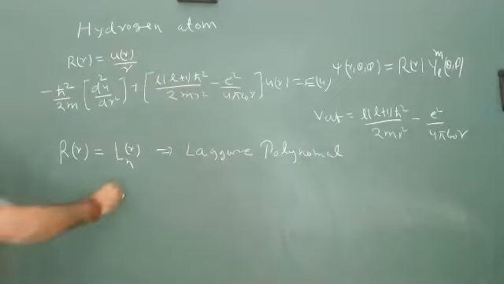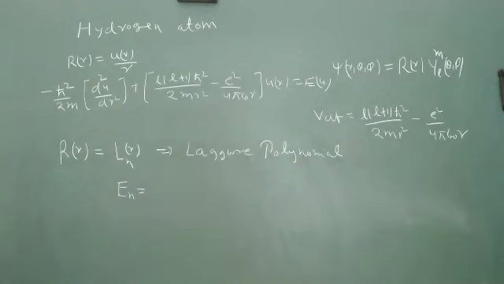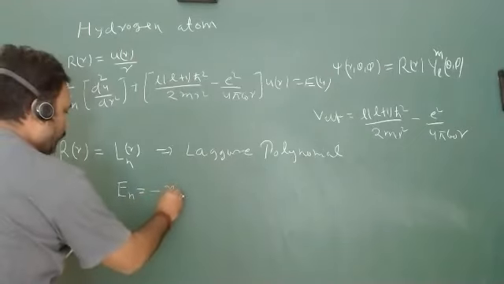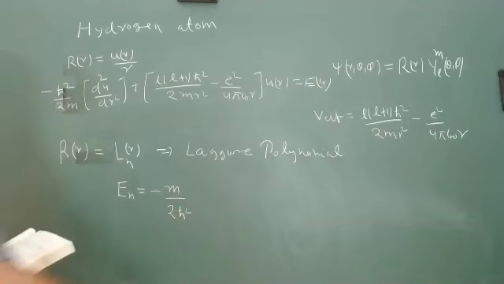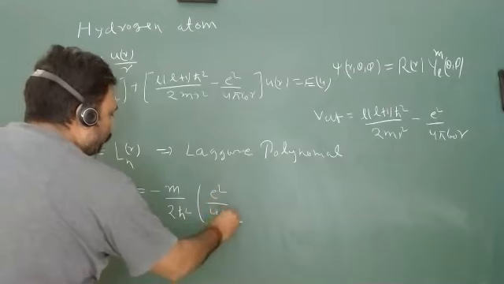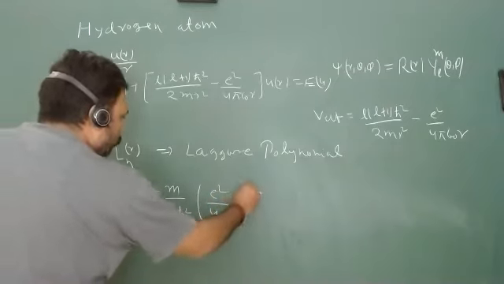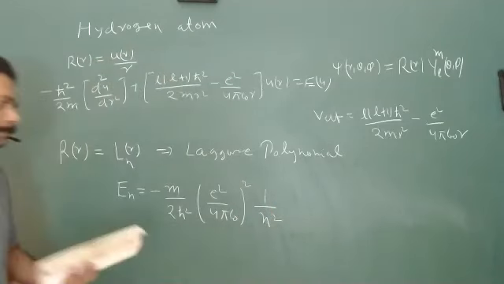And the energy you will get, E n, is nothing but the energy of the hydrogen atom: minus m upon 2 h cut square, e square upon 4 pi epsilon naught whole square, 1 upon n square.